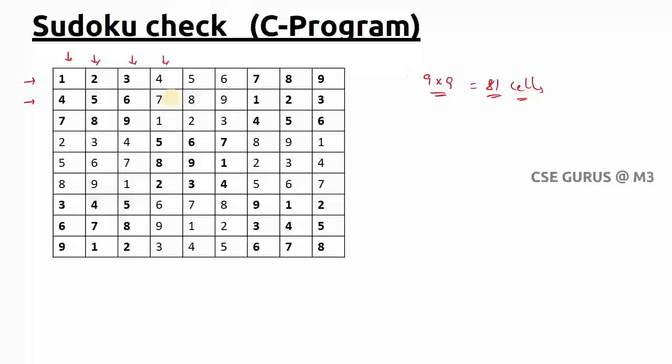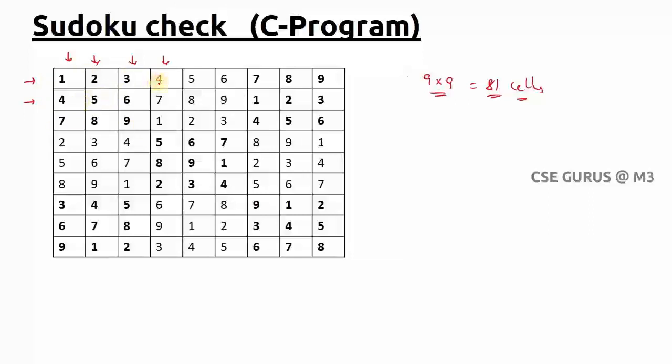And now the next, third constraint. What is the third constraint? It is every cube, that means every 3 by 3 block of cells. I kept it in bold now. That means the first 3 rows and first 3 columns form one 3 by 3 matrix.